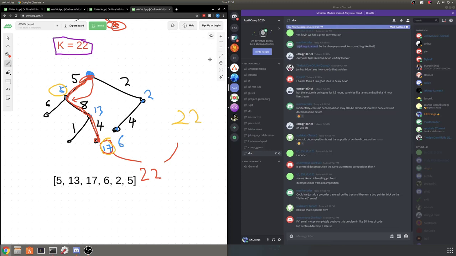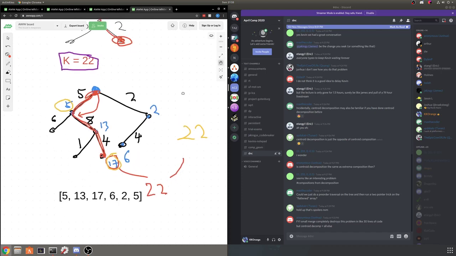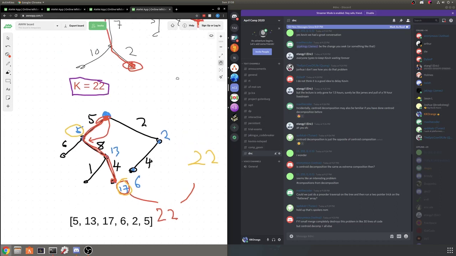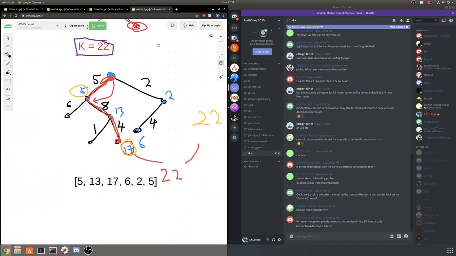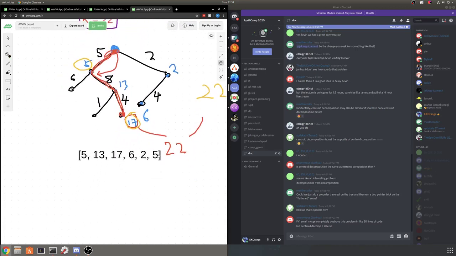So you have to be a bit careful about that. There's a lot of different ways you could do it, but the way that I thought of is to say, okay, for each of these numbers, you calculate which subtree it came from.